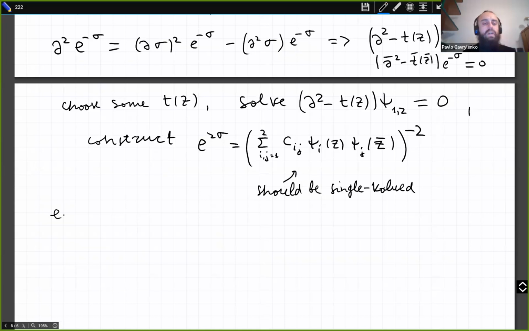As a simple example, we can consider T of z equals 0.